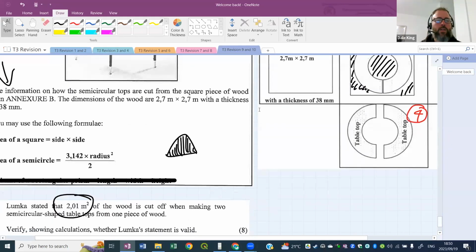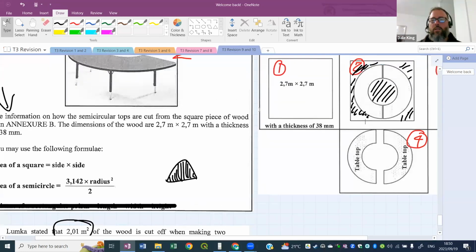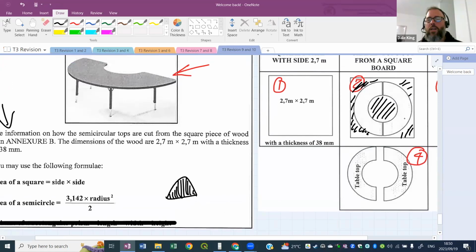They say Lumka stated that 2.01 square meters of the wood is cut off when making these tabletops from 1 piece of wood. Show if this is correct. So what we need to do is work out this shaded part that I've shaded here. What is its area? Guys, what do I do?